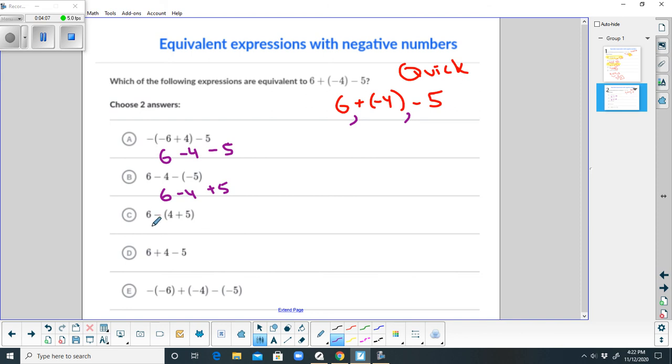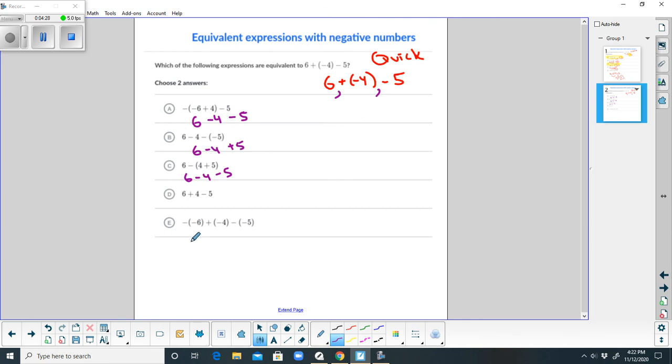Now the minus sign out here flips the two terms inside of here. So negative of positive 4 is negative 4. The negative of positive 5 is negative 5. Here, this is already in the format of 6 plus 4 minus 5. And this last one, double negative 6 is 6, plus negative 4, minus negative 5 becomes plus 5.